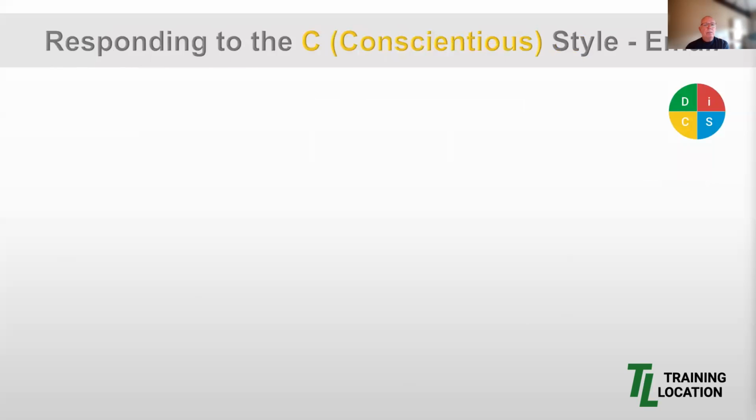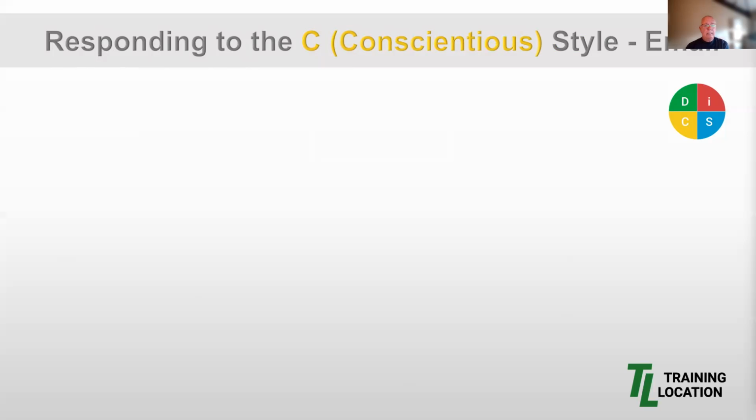Now, how about responding to the C email? Let me preface this, please. When sending an email, the C style cares about ensuring the complete accuracy and detail of their message. That means them rereading their own emails before sending to ensure accuracy, spelling, grammar, and other information contained, and creating a detailed, thorough message.